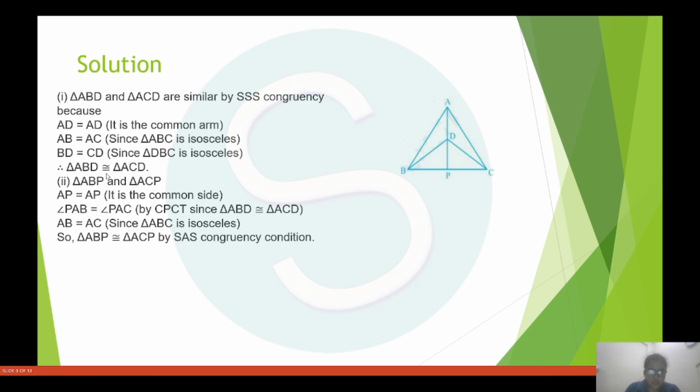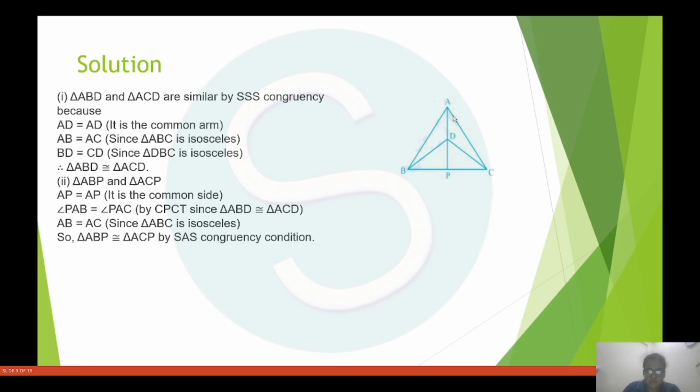Second part is we have to prove congruent triangle ABP and ACP. ABP and ACP. हमें इन दो triangles को congruent prove करना है. So here AP is our common side.